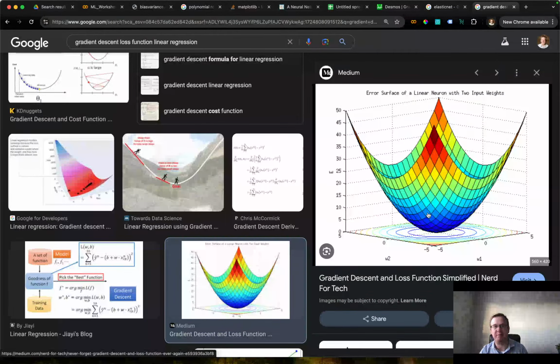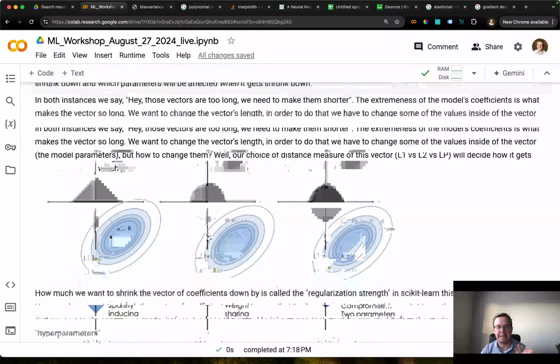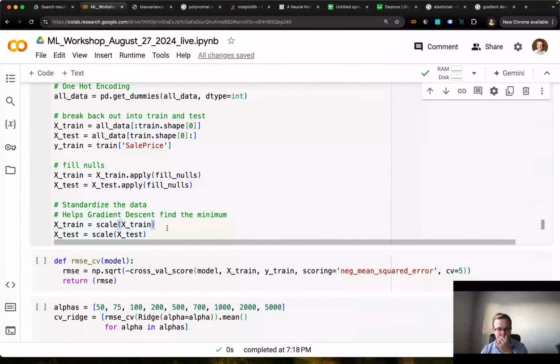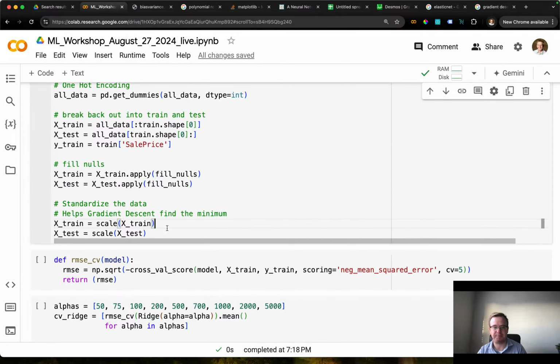Helps it get to the bottom faster. It has a couple of other benefits as well, but that's mainly why we're doing this, is because I know from working on this earlier that if we don't do this, then some of our models will yell at us and say, hey, we haven't found the true minimum. Maybe you should scale the data. So I'm scaling the data so that our models don't yell at us.